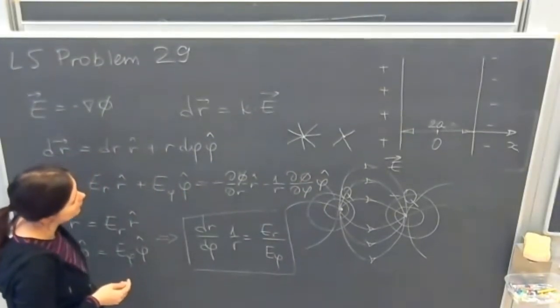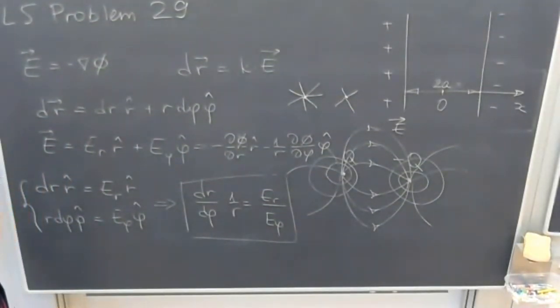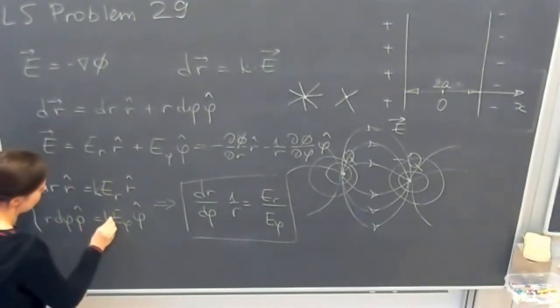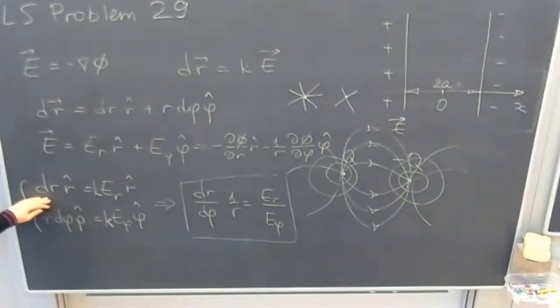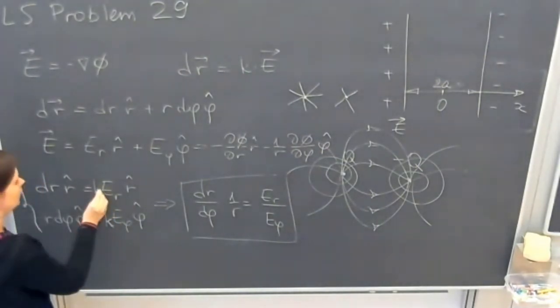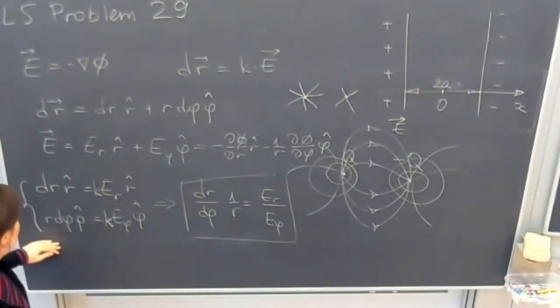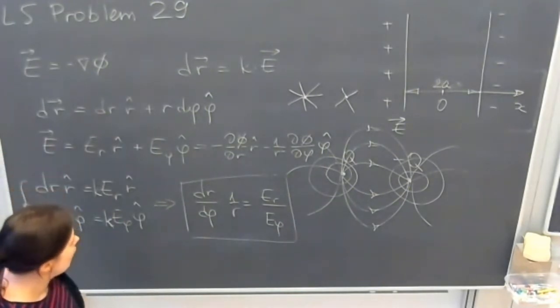So this proportionality constant would be accounted for here, for example. In the radial direction, it would be K times the radial electric field. The same for the phi direction.